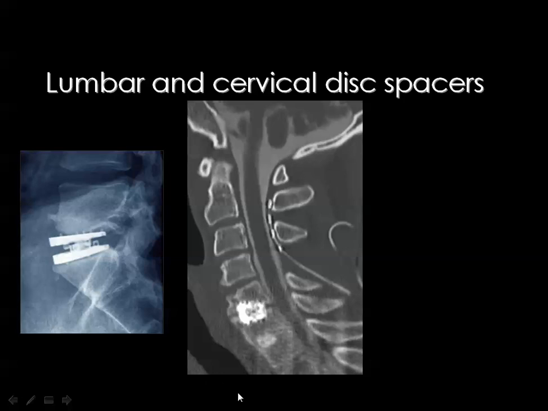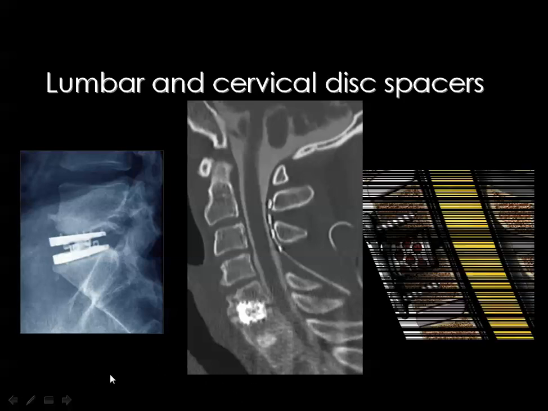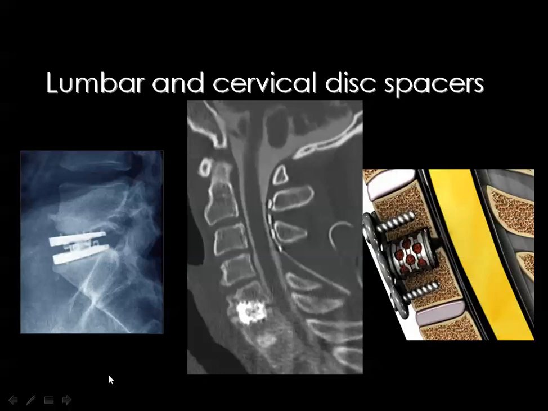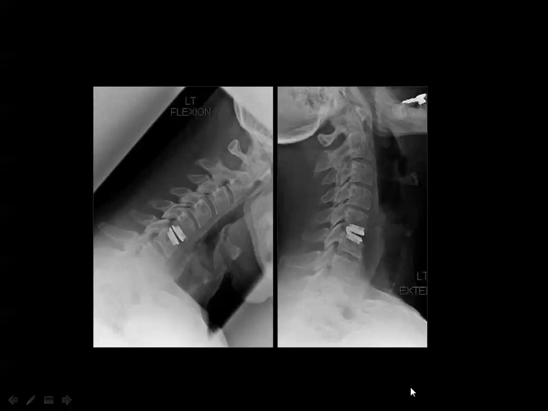Then there are other devices that are broad, so that they can conform to the edge of the vertebra above and the vertebra below. And many times you can fix this device into the vertebra above and the vertebra below. And this is one of the examples of disc spacers or disc prostheses.